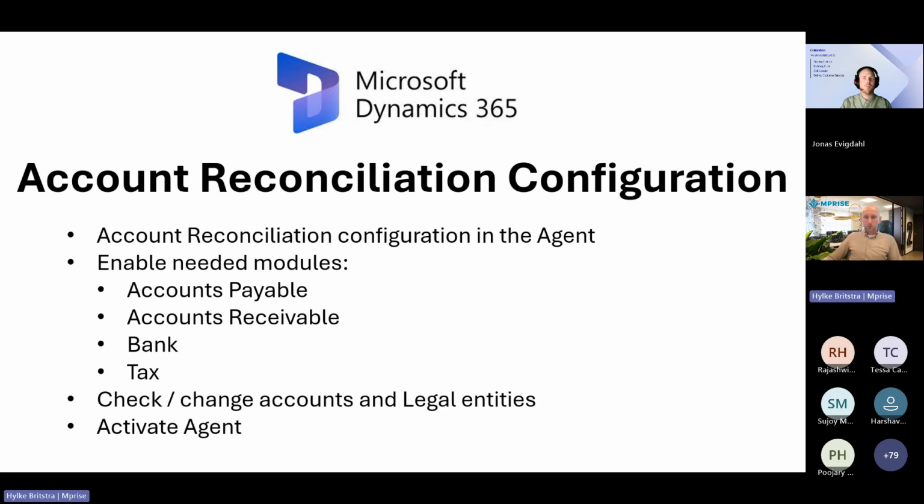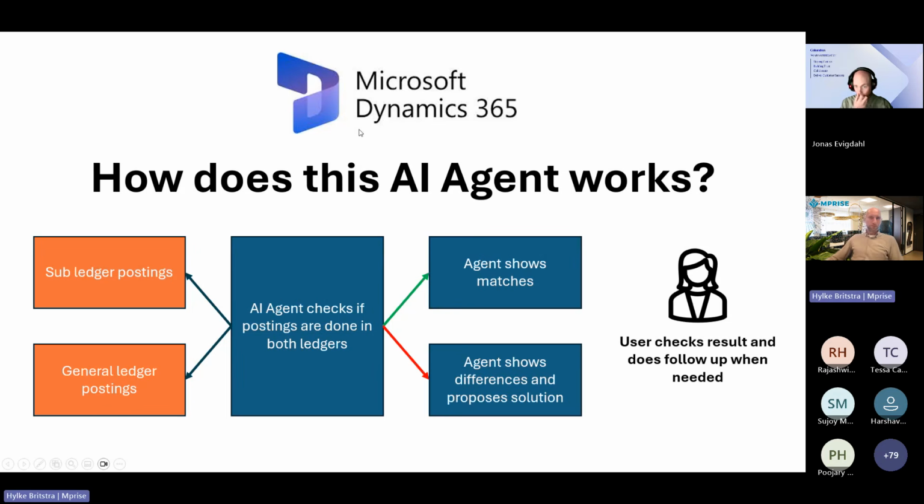And what is it doing? Actually, it is continuously looking at subledger postings from the 4 modules that I just showed, the related general ledger postings, and the AI agent will check if a posting is done in both ledgers. So if a posting is in the AP ledger, can I find the related posting in the general ledger for that?